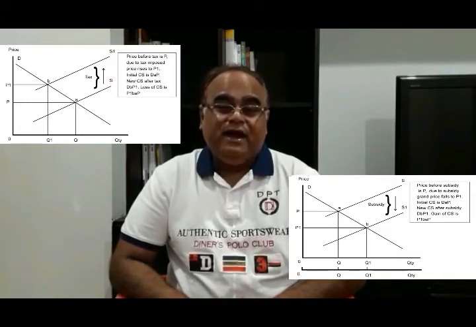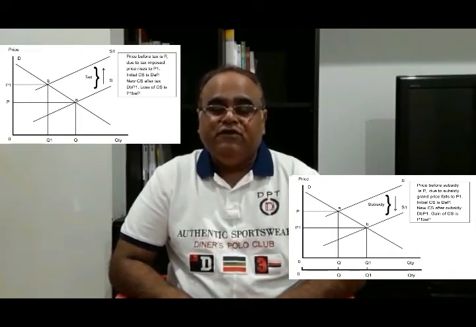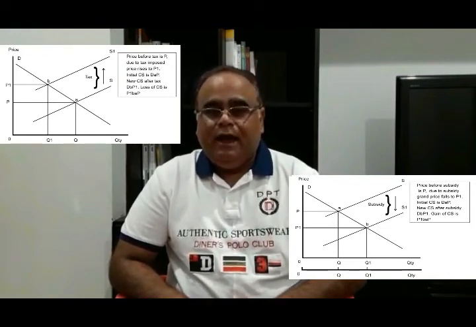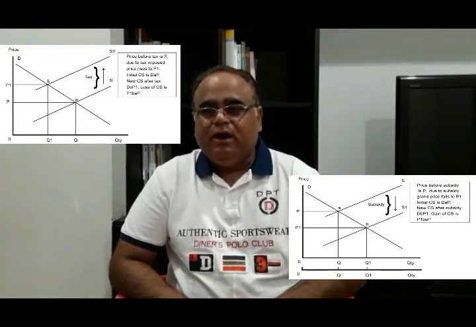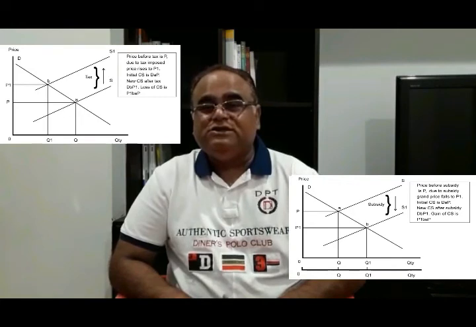In the second diagram, you can see that when a subsidy is given, the supply curve shifts vertically downwards, and the price changes. Initially, the price was P. At price P, the consumer surplus was DAP, but when the price fell to P1, the consumer surplus is now DAP1.